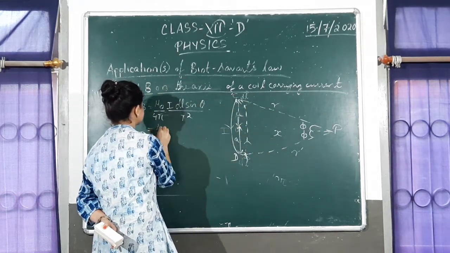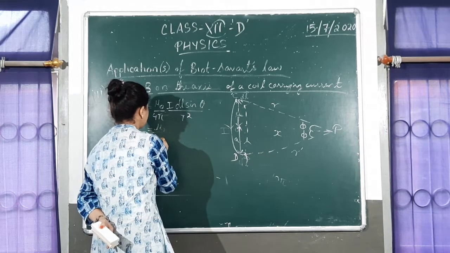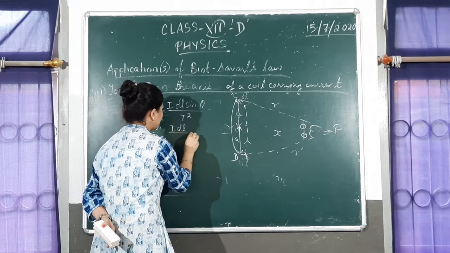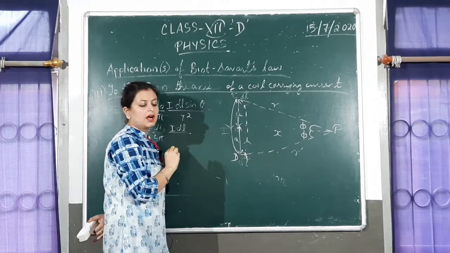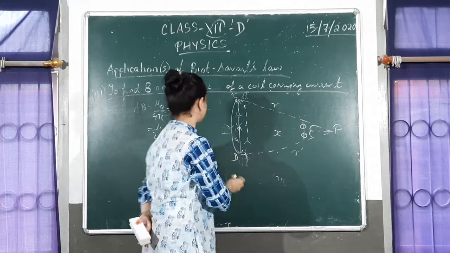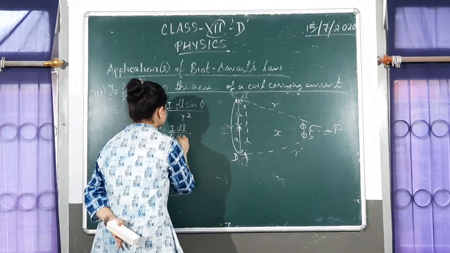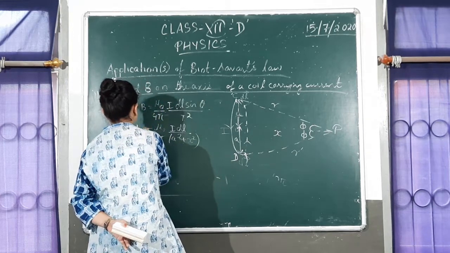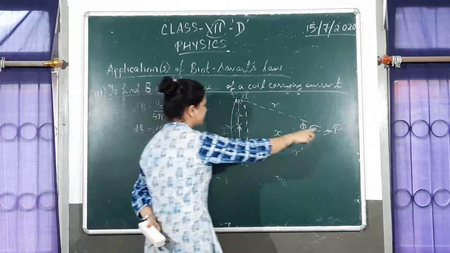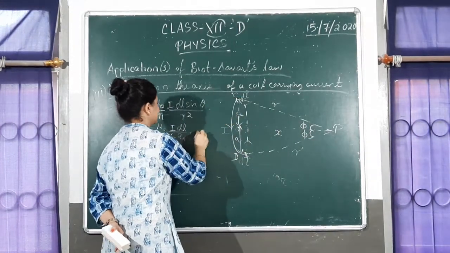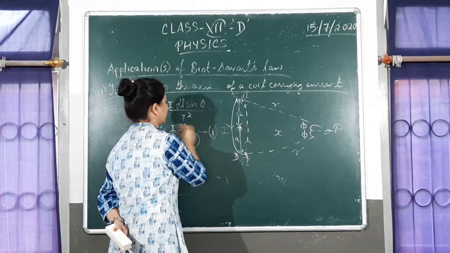So dB will come down to mu naught by 4 pi, IDL by A square plus X square, since the square of under root A square plus X square is A square plus X square. This is dB at P due to the current element at C. Let us take this as equation 1.